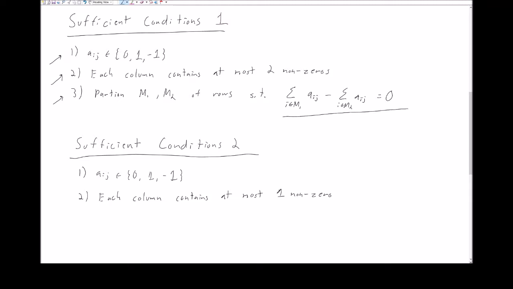That is, we look at every column, we take the entries from M1, subtract the entries from M2, and this is going to be equal to 0. This is the first set of sufficient conditions, and usually it's a fairly useful one.